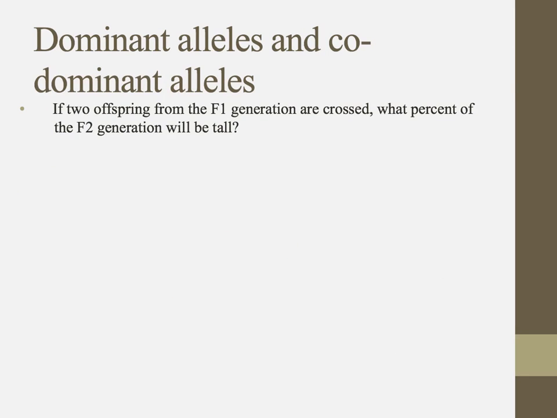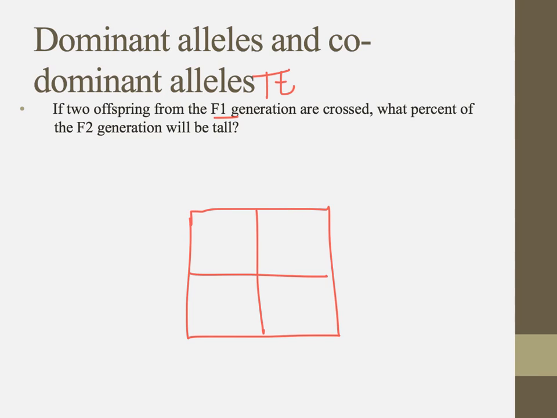Now let's suppose I want to take two of those individuals from the F1 generation and cross them. All of my F1s were heterozygous. So when I take two individuals from that F1, here's one individual, here's the second individual. When I cross them, I'm going to get a result that looks like this.